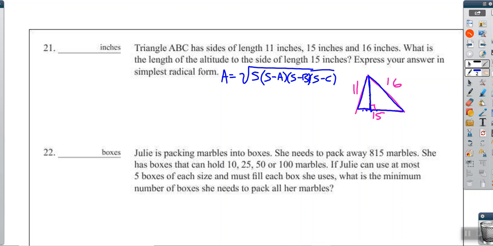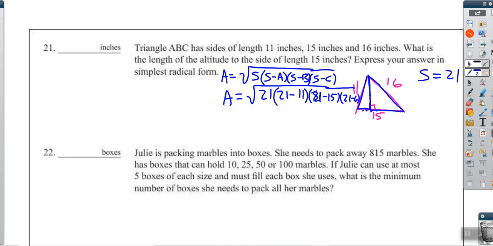So the semiperimeter, well, I add all these together, so it's 11 plus 15 is 26, 26 plus 16 is 42, half of 42 is 21. So S is 21. So that means the area is equal to the square root of 21 times 21 minus 11 times 21 minus 15 times 21 minus 16.